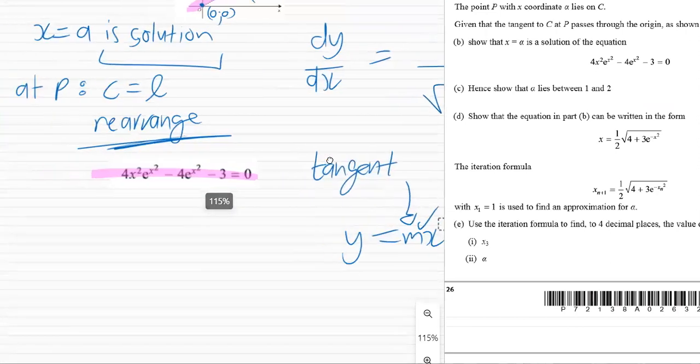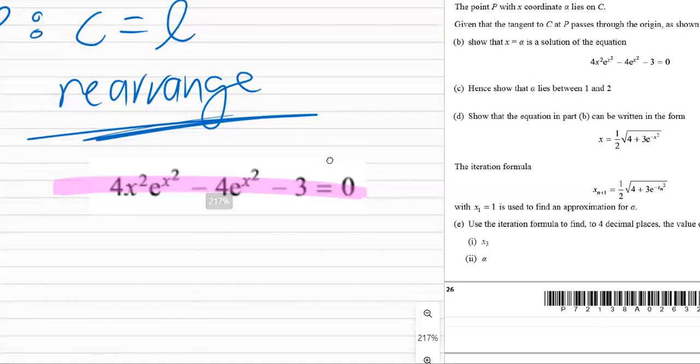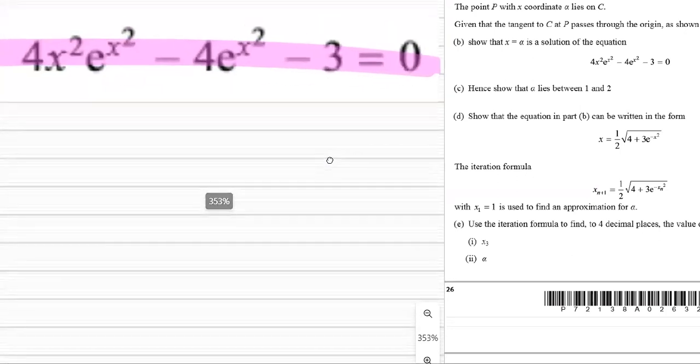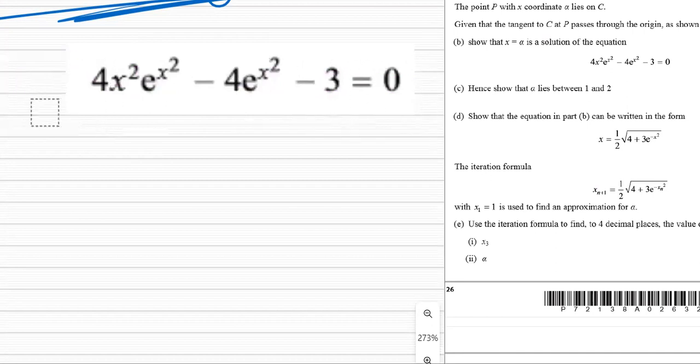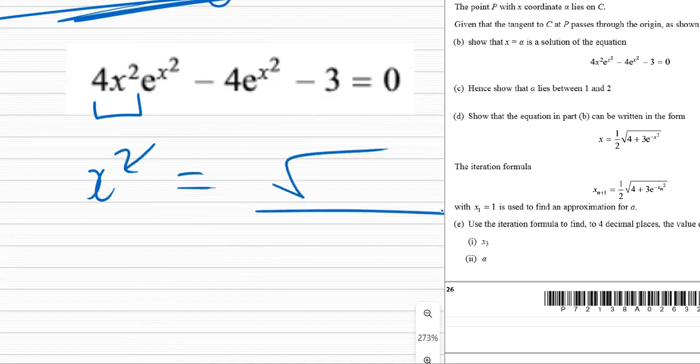So I'm going to use this one. So if I take this one and I rearrange it, I notice that there's a square root in the answer, which means that the X squared over here will be on one side, because if you have X squared on one side and everything else on the other side, you'll have to square root it to get rid of it.